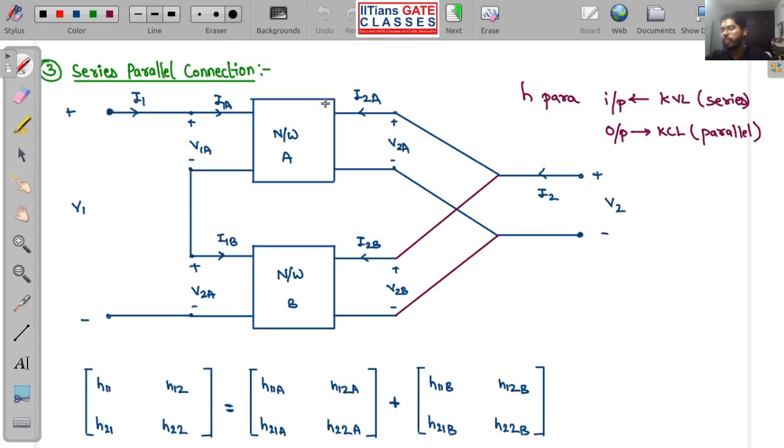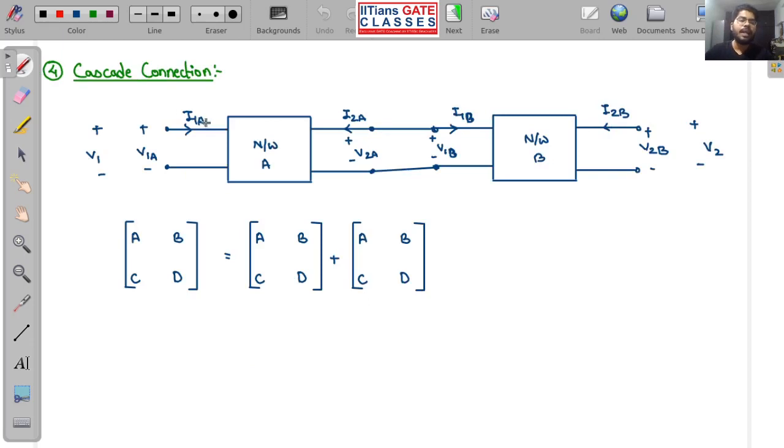While solving questions, we will see actually all these things. We will put all this theory into action. Okay. In cascade connection, your ABCD parameters will be combined.